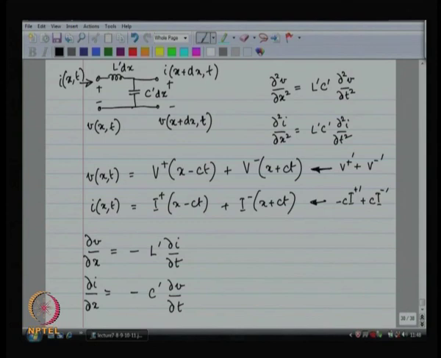Okay. So, the derivative of V plus is going to be equal to minus L prime, right. This is what happens when I substitute everything.